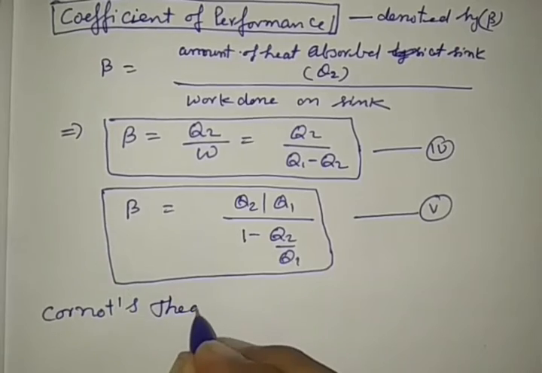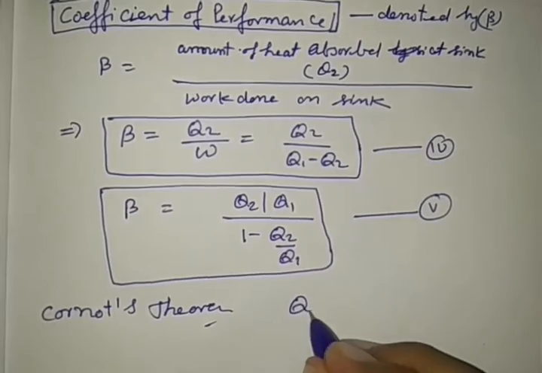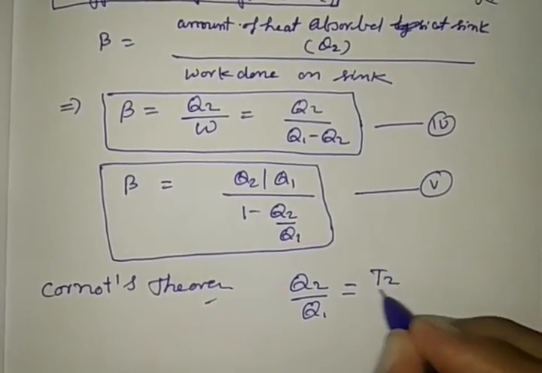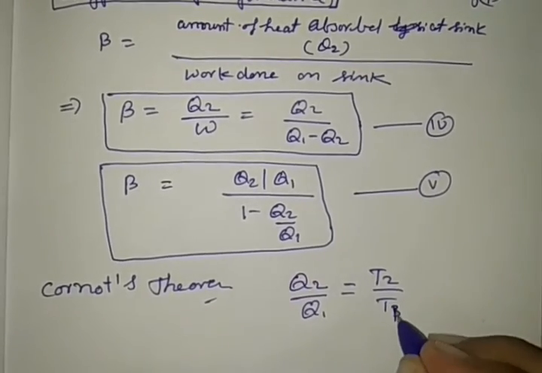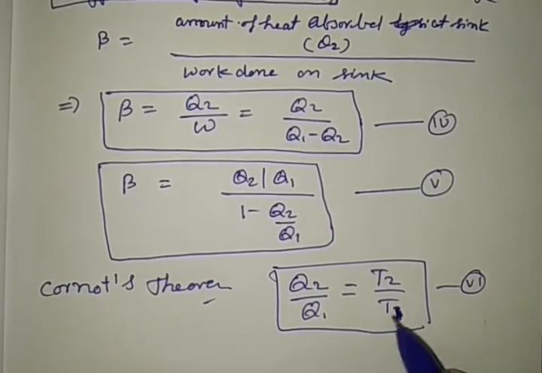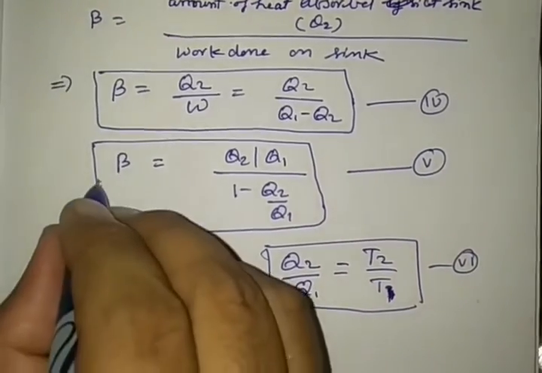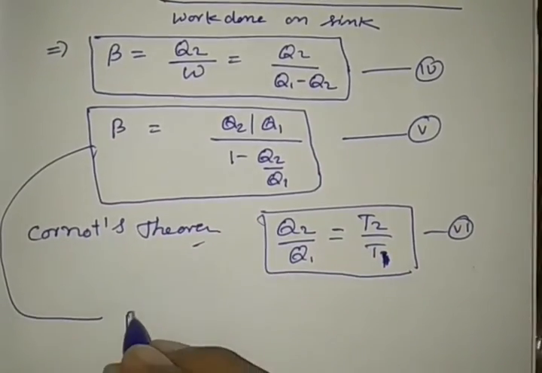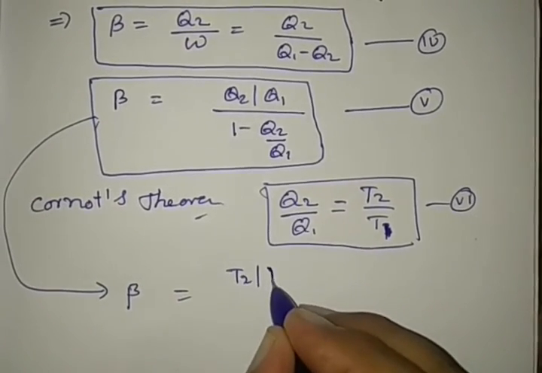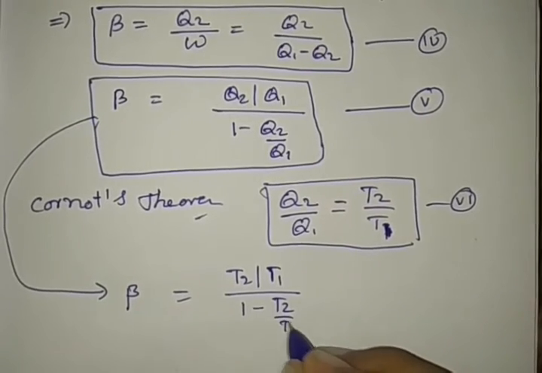Carnot's theorem we are going to use. Carnot's theorem says Q2 by Q1 is equal to T2 by T1. Using this equation, we may write the coefficient of performance beta as T2 by T1 upon 1 minus T2 by T1.